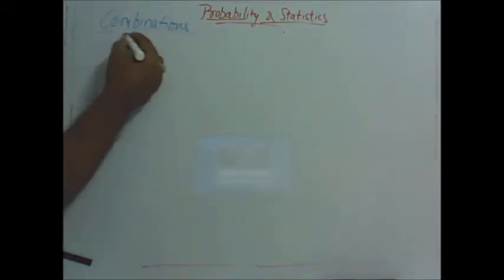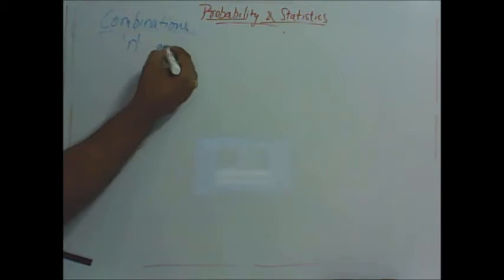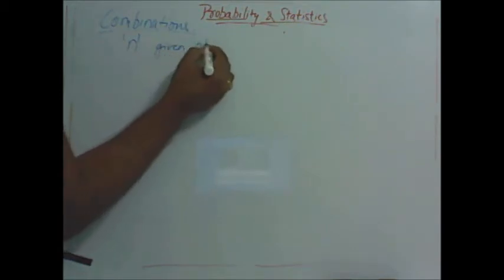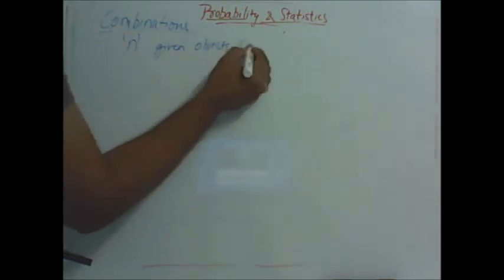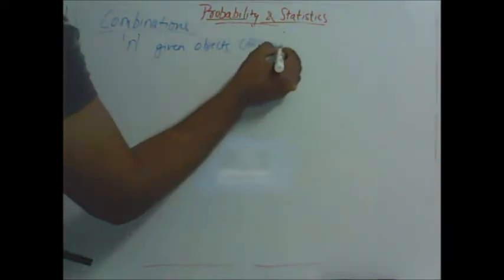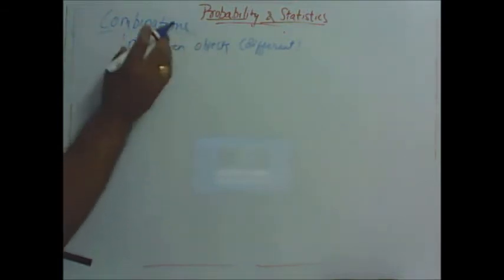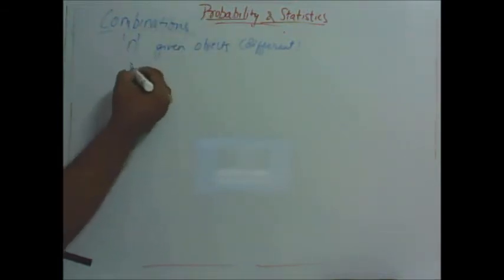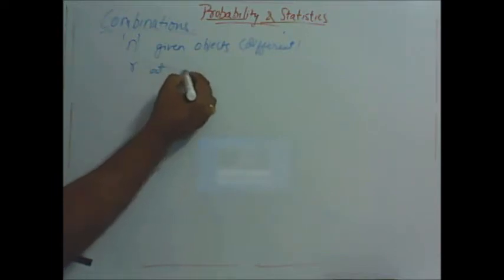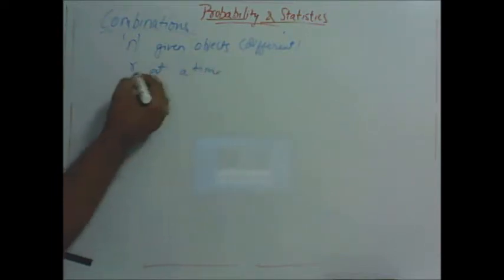For n given objects, say they are all different, n different objects, we want to group n different objects taking r at a time, taking r objects at a time.